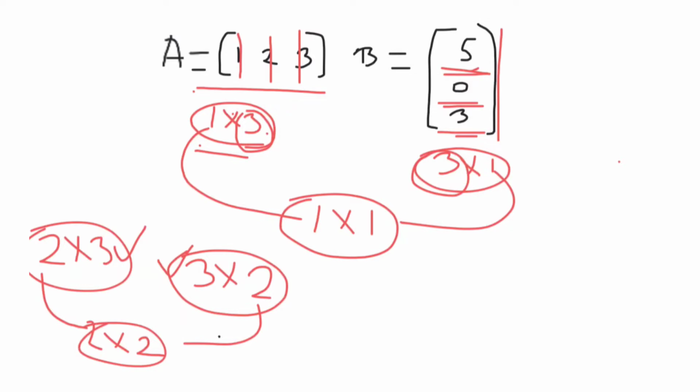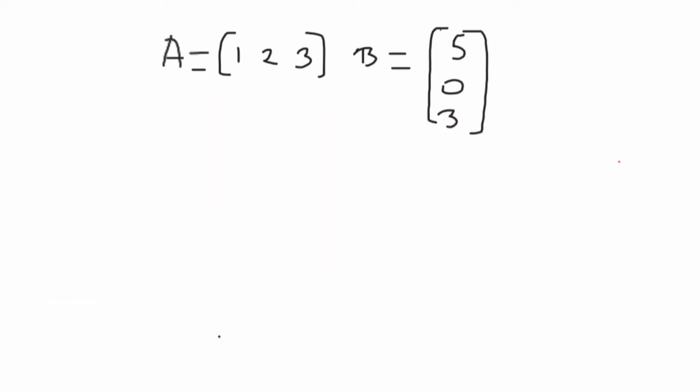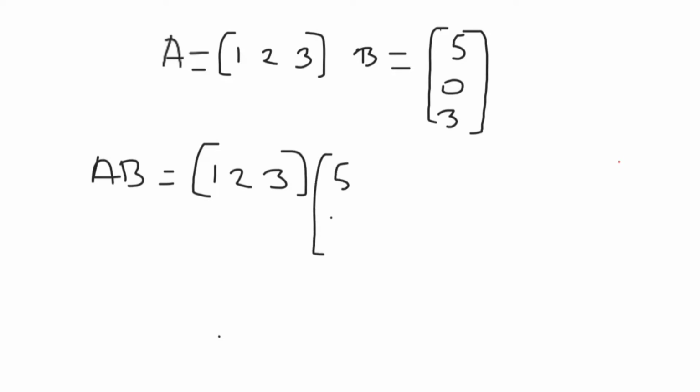So now let's multiply our matrix A and matrix B. Now AB will be equal to 1, 2, 3 times 5, 0, 3.